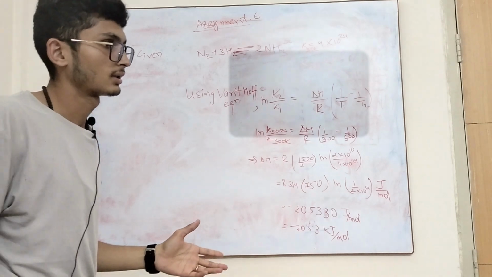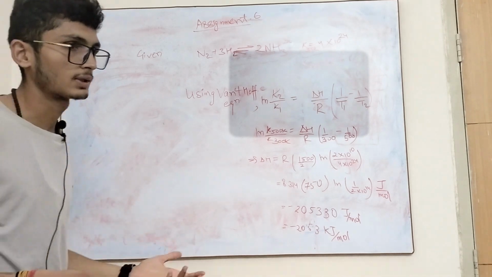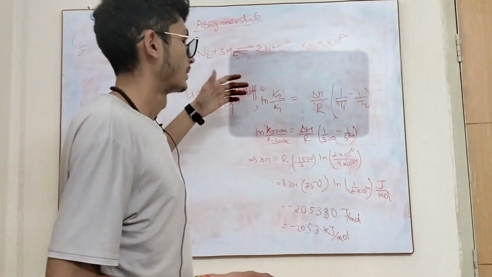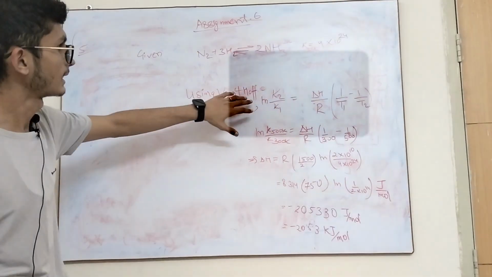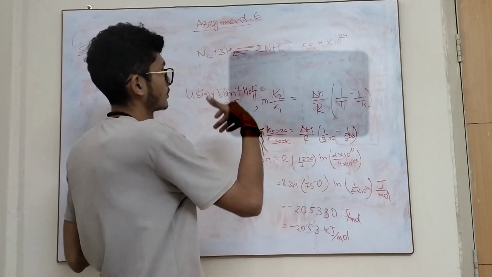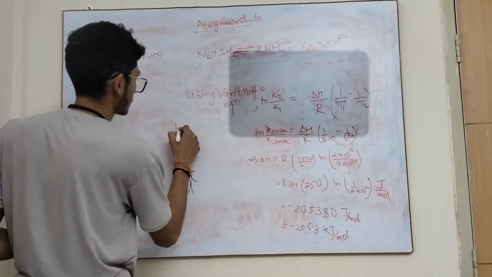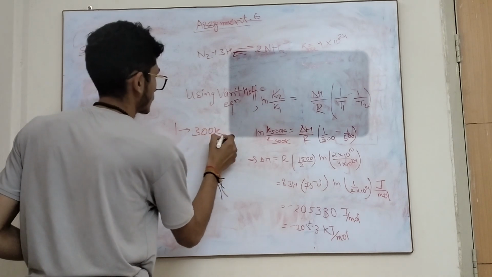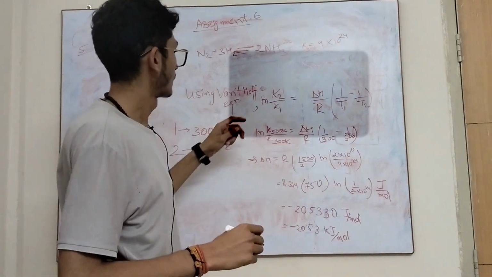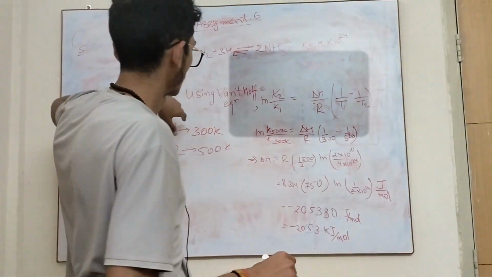So actually you won't naturally come up with the solution if you don't know the equation. If you use the van't Hoff equation here, then only I guess you can find the result. So the equation is ln K2 by K1, where if you take the reaction mixture from some state 1, in this case 300 Kelvin, to some state 2, that is 500 Kelvin here, these are the equilibrium constants, these are the states.